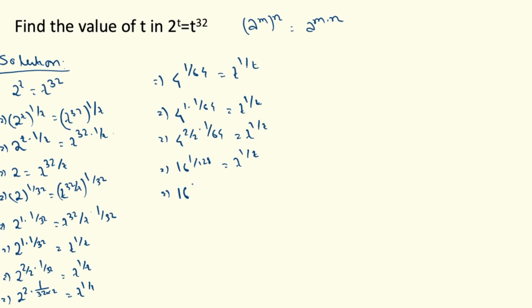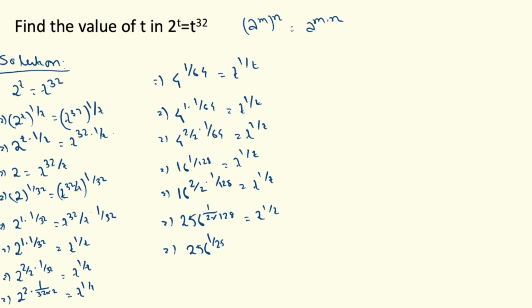We'll do one more time the same thing. 16 to the power 2 by 2 into 1 by 128 equals t to the power 1 by t. 16 square is nothing but 256 and 2 into 128 can be written as 256.